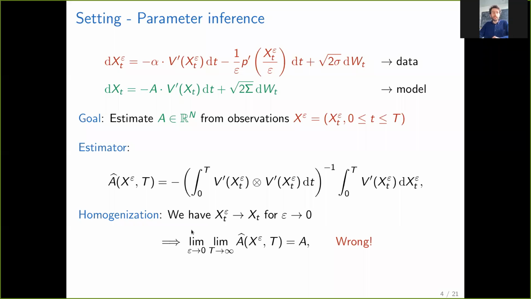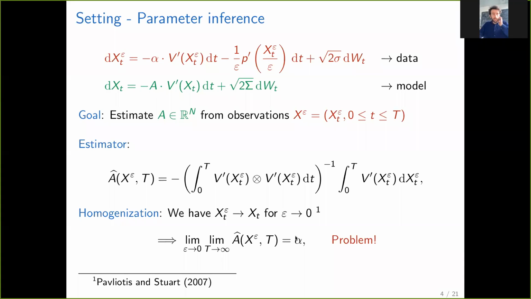One would reasonably expect that asymptotically, in the limit of infinite data and for epsilon going to 0, where we agree with the theory of homogenization, the limit of our estimator is equal to A. Unfortunately, this is wrong, and one can show that what one finds in this asymptotic limit is not A, but alpha.